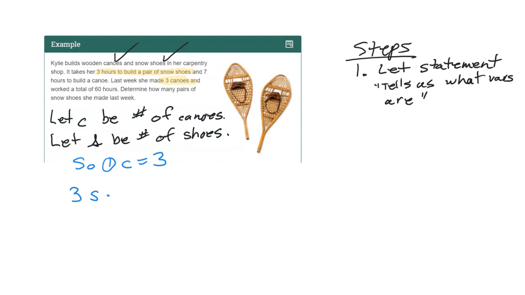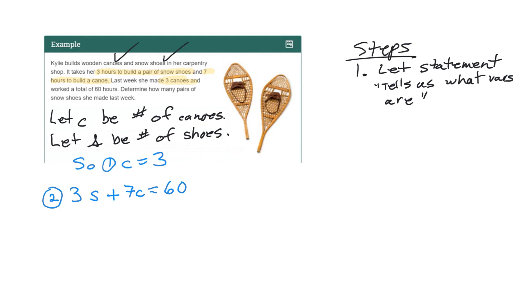And then we're going to add, are you ready for this? The hours to build a canoe. And it takes 7 hours to build a canoe. All right, so if it takes 7 hours to build one canoe, and the total amount of hours that we worked that week was 60, that's how we get our second equation here.